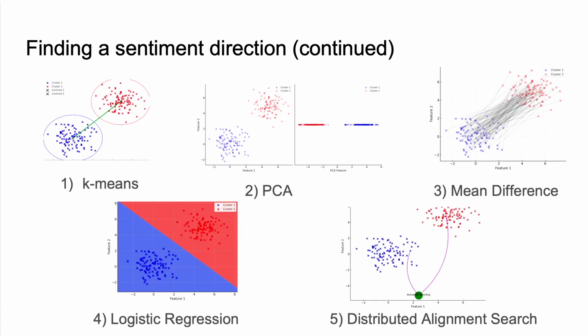So how do we go finding an actual direction within this large vector space of the residual stream that will hopefully represent sentiment? Well, based on the clustering that we saw earlier, a natural first thing to do would be k-means. With 2 means, you would determine in an unsupervised way 2 clusters with a centroid for each cluster, and then you could draw a line from one centroid to the other that would hopefully correspond to sentiment.